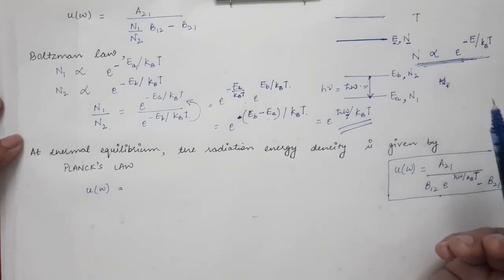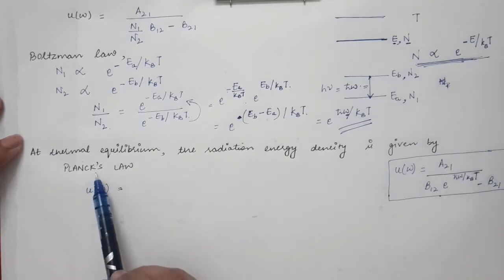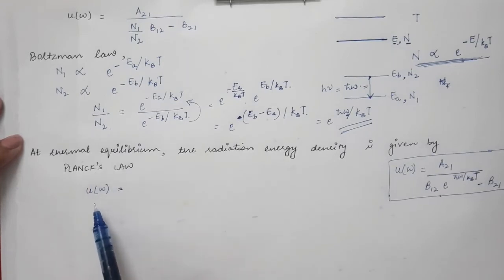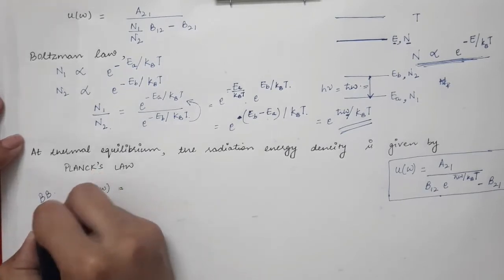So while he was relating, now Planck gave another formula of the energy density from the black body radiation.